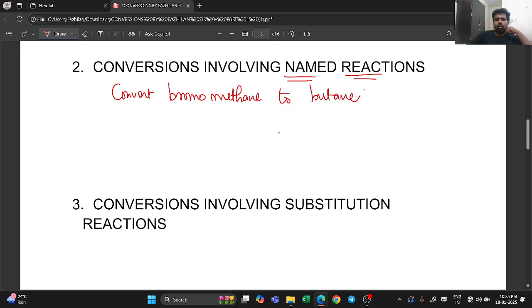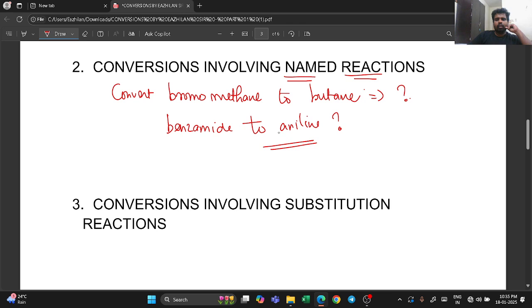Can you put in the comment section which name reaction we can use to convert this reactant to product? Or maybe I can give you this reaction, benzamide to aniline. Which name reaction can I use? You can post it in the comment box.